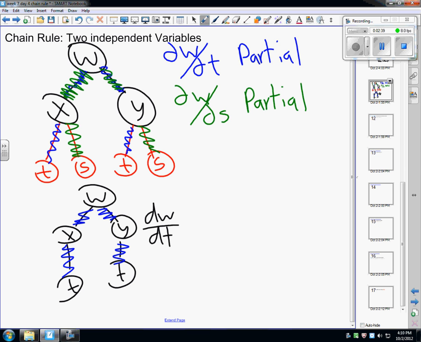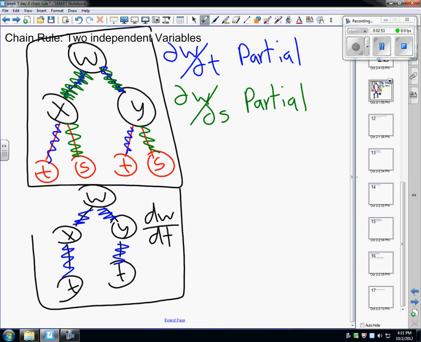Again, realize it's a partial because this top tree, or this top chain, the only way to have it complete is if I did both the blue and the green components, where this guy is a full derivative because all of the blue makes it dW dt.